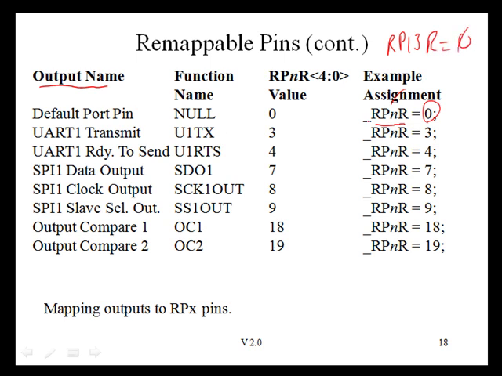It means it is not mapped to any internal output. However, if we want to map RP13 and bring this output SDO1 for this module to it, what we would do is take this field and assign it the value 7. These things can be found in the PIC24 datasheet.